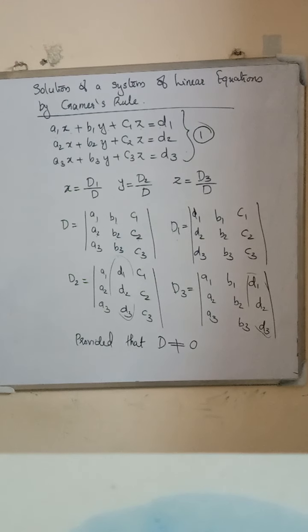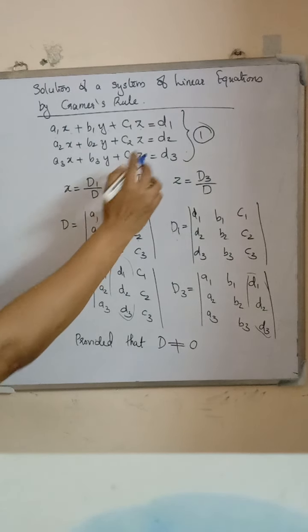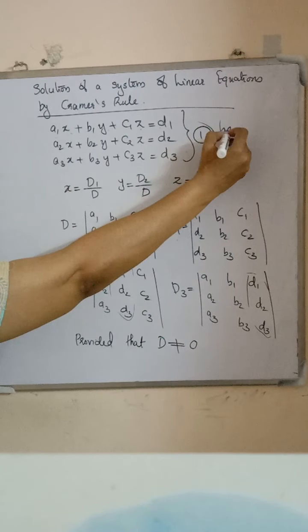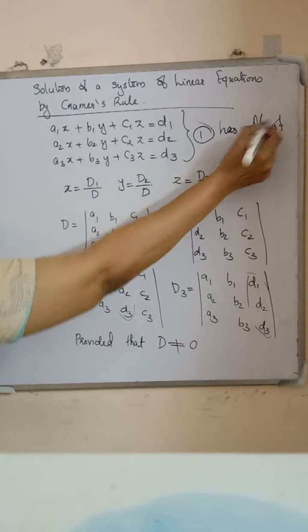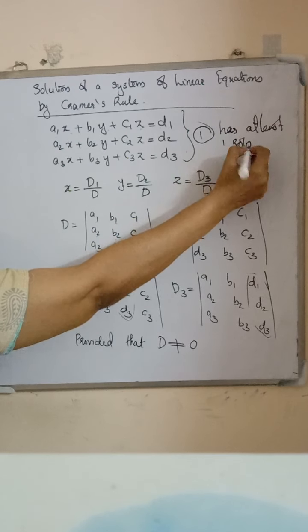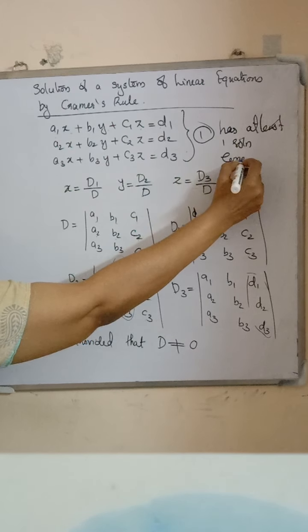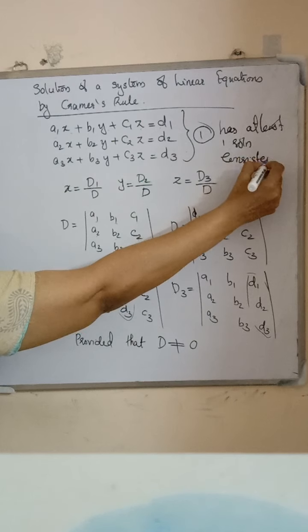A system may have a solution or may not. If the system has at least one solution, then that system is called a consistent system.